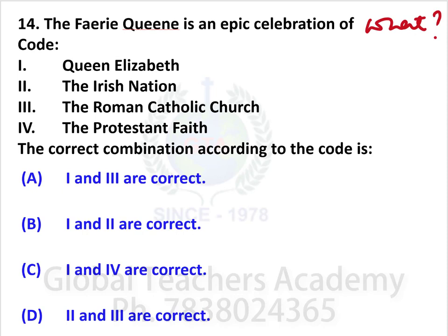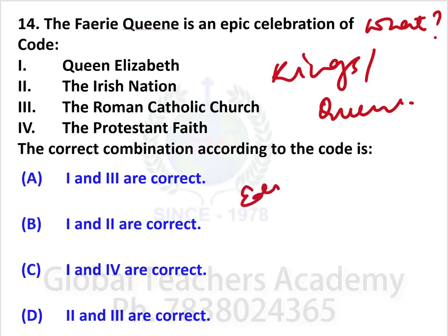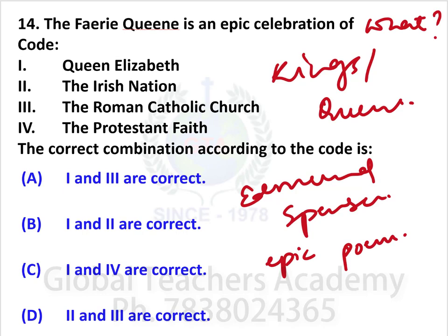Now, we've already discussed a chronological order of the kings and queens that came. The Fairy Queen's author, very important, is Edmund Spenser. We've also done in one of the previous questions the important attribute that the books represent and the character that represents that attribute.